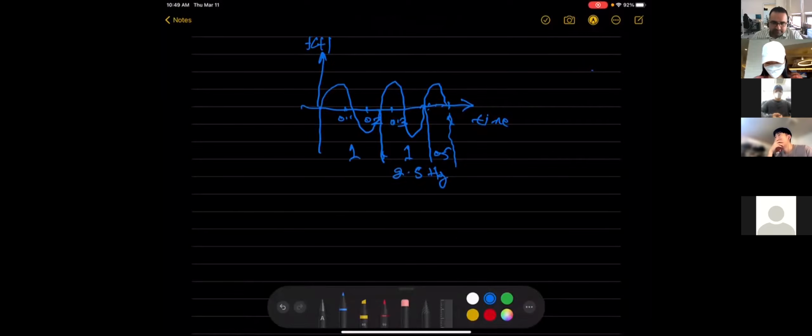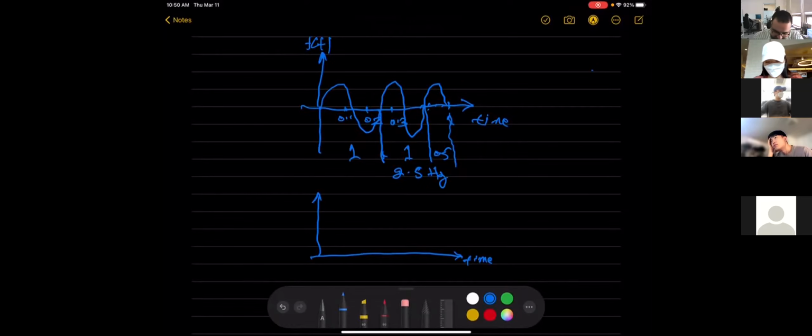Now, what is the time period? For example, this is again my y-axis, this is my x-axis in time, and this is my f of t. I just want to confirm, can you hear my voice? Is it clear? Yes. Okay, thank you. Now this is the same thing, but the opposite way.